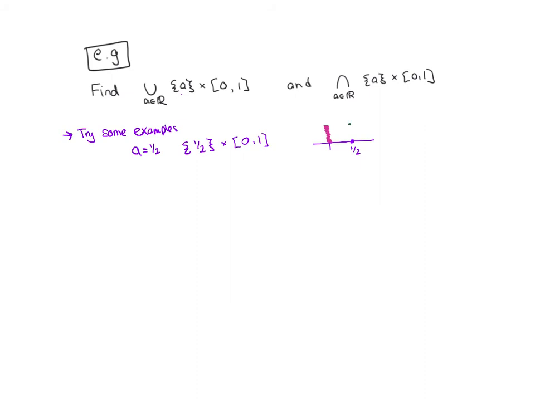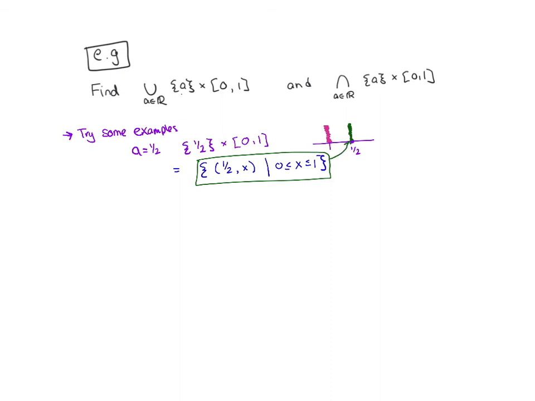So I end up getting that the Cartesian product is any point of the form where the first coordinate is a half, and the second coordinate is some real number, where that real number is between 0 and 1. Okay, so that's what my first set looks like. We should color code that here. That's that guy.